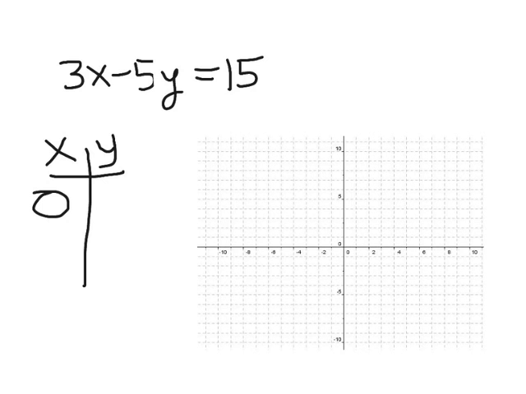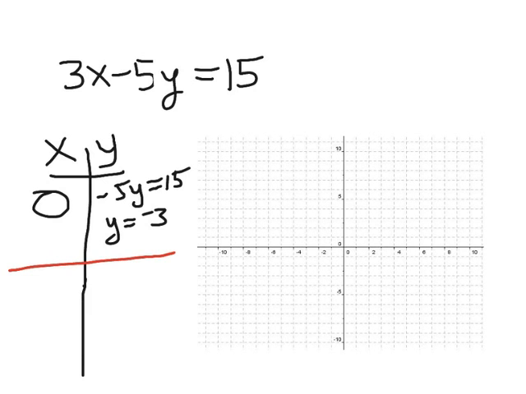I plug 0 in for x. If I plug 0 in for x, I get -5y equals 15. Divide both sides by -5, y equals -3. Conversely, if I want to find the x-intercept, I plug 0 in for y.